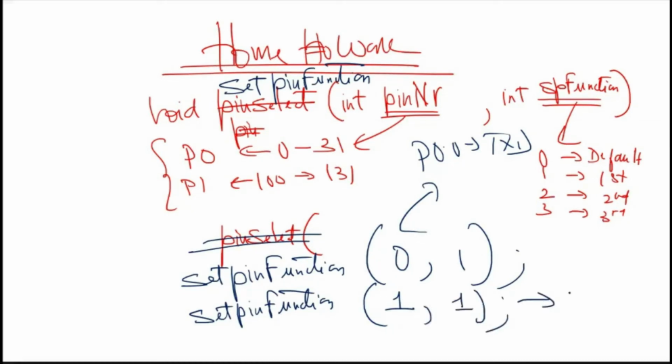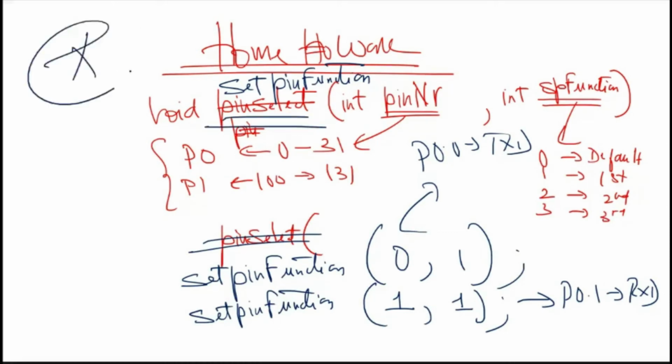This would configure port 0.1 as the received data pin. So this will be very easy for me to define or set the functionality of a pin, instead of dealing with pin select every time. It becomes a headache for me. So you write this general purpose function and keep it ready so that we can use that in the next class. So that is the second topic, pin select.